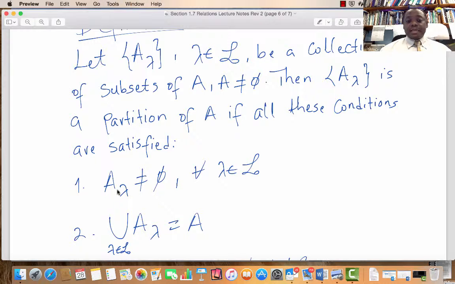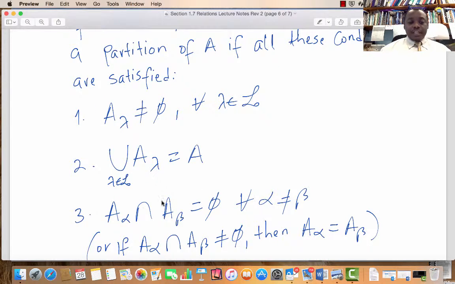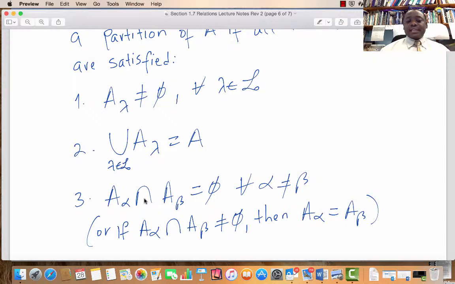That means A lambda is not an empty set for every lambda in the indexing set L. Secondly, the union of all the A lambdas equals our non-empty set A. Thirdly, A alpha intersection A beta is an empty set for every alpha different from beta. Alpha and beta are also from our indexing set L.